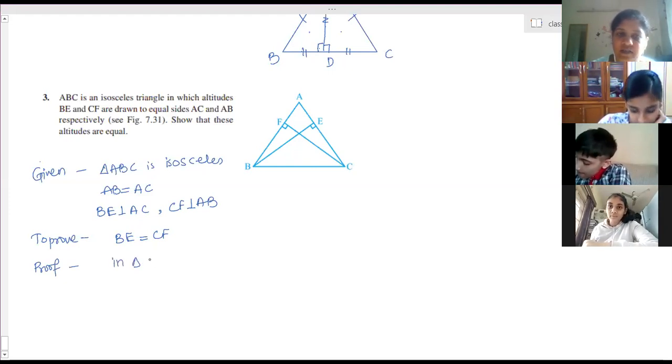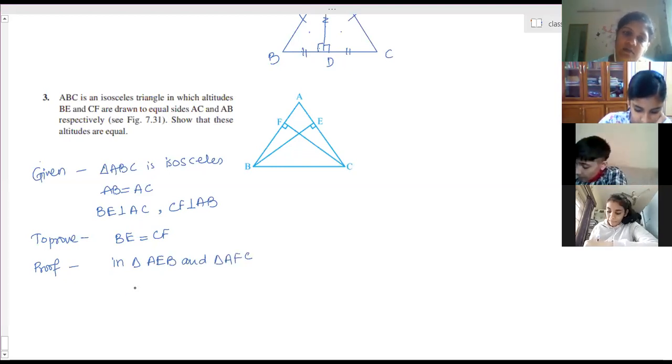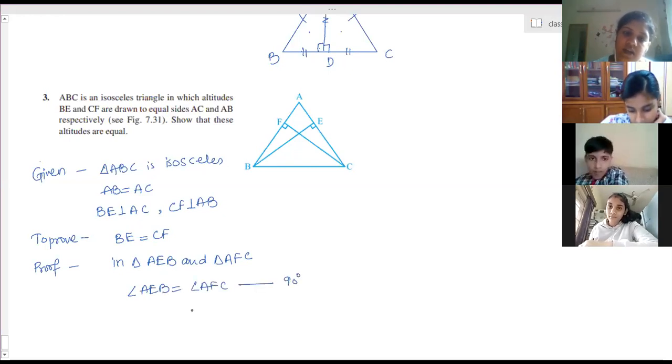Proof: in triangle AEB and triangle AFC, angle AEB is equal to angle AFC, both are 90 degrees. Angle EAB is equal to angle FAC, common.